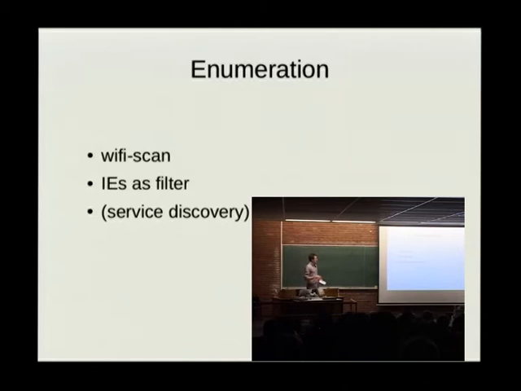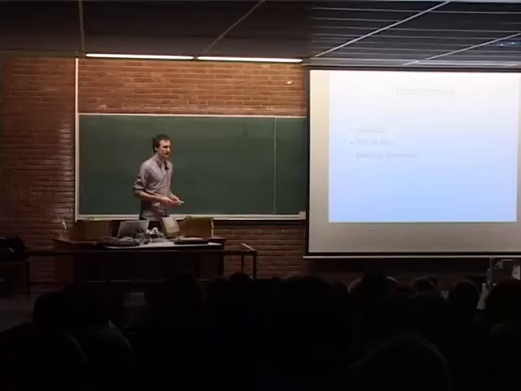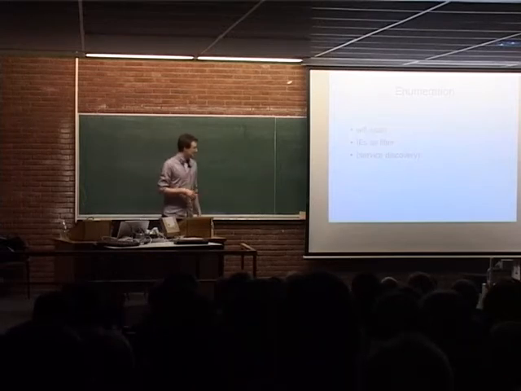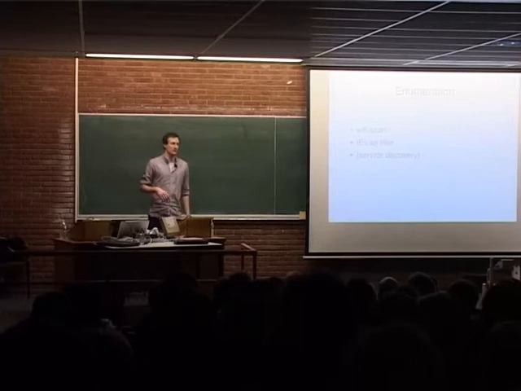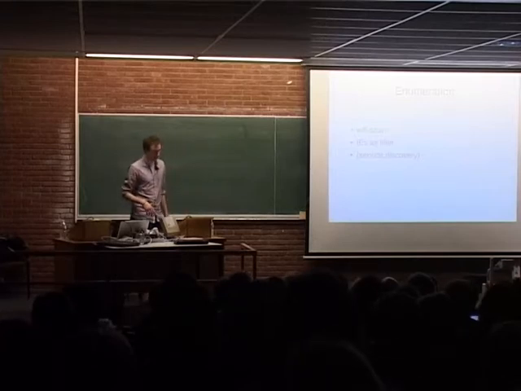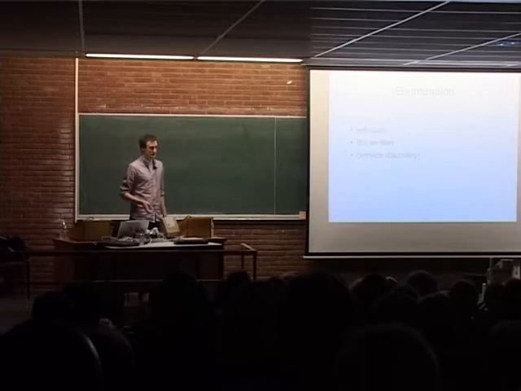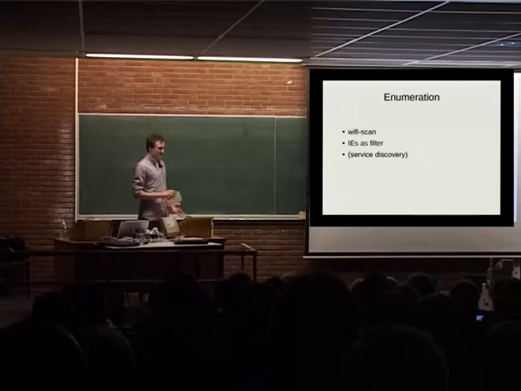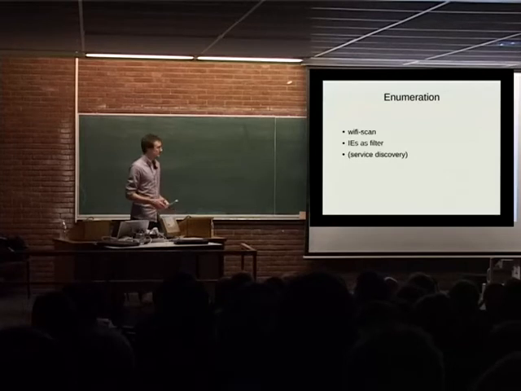So what Wi-Fi peer-to-peer and Wifi-Display use are information elements which you can put into different frames in the Wi-Fi specs, like action frames and beacon frames, which define whether you support Miracast, whether you don't, what resolutions you support, and so on. This way you can filter devices, you can directly see whether a device you found is a Miracast device or not, which is quite handy and you need that.